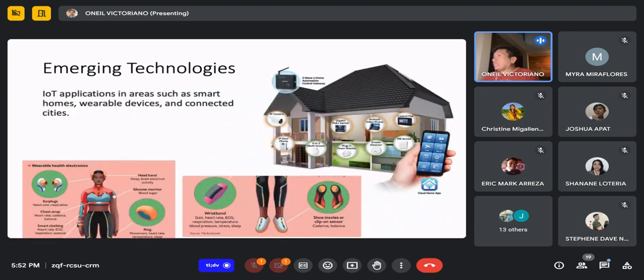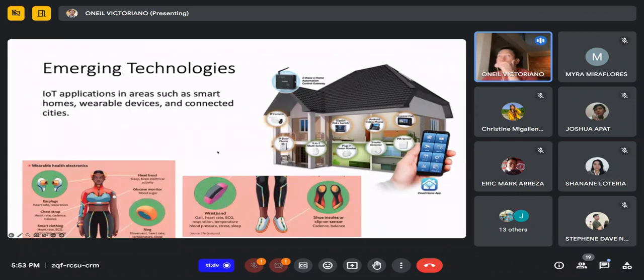Some of the use cases are found in wearables: a wearable electronic band, ring, or earphones to monitor glucose. Now you have shoe insoles with chip-on sensors for balance, and wristbands for ECG and heart rate. You can also control smart homes using your smartphones. So these are IoT devices.